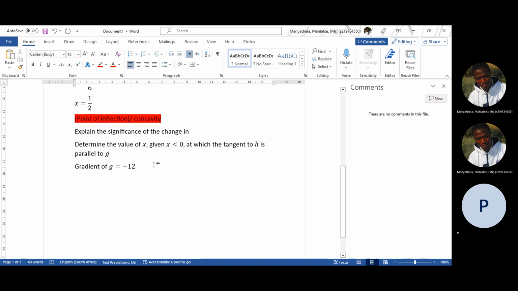And then they say the tangent to h is parallel to g. If we have two lines which are parallel to each other, it means that their gradients are also equal. So the gradient of the tangent will also be equal to negative 12.